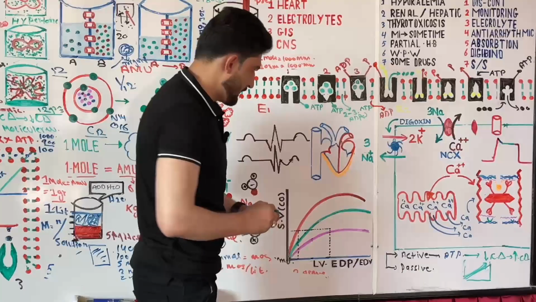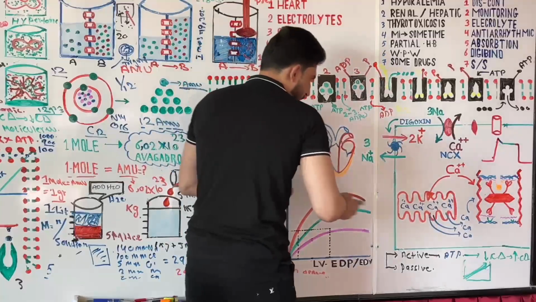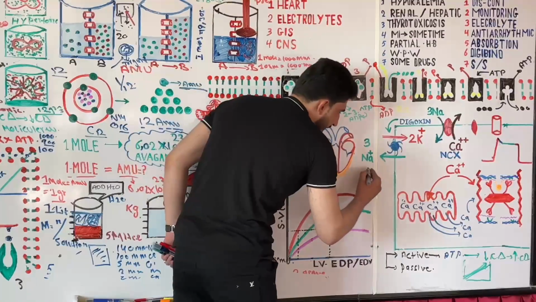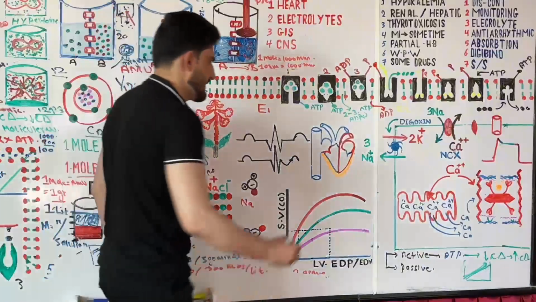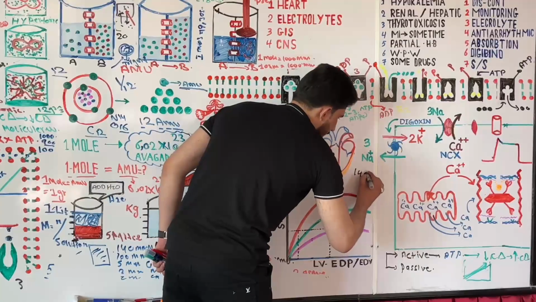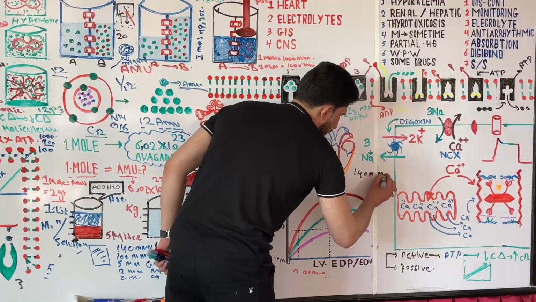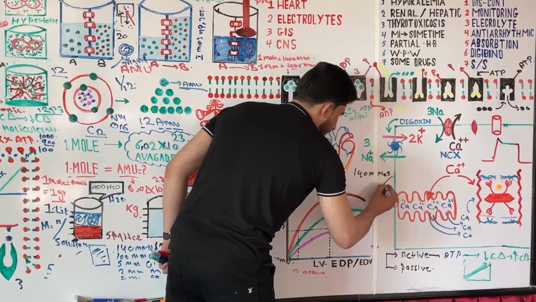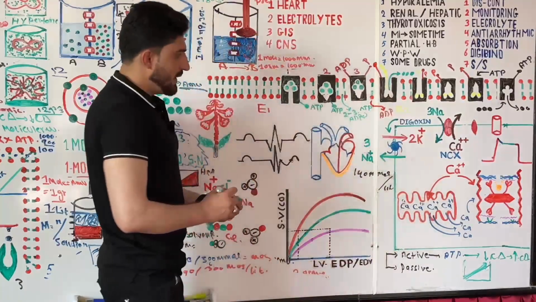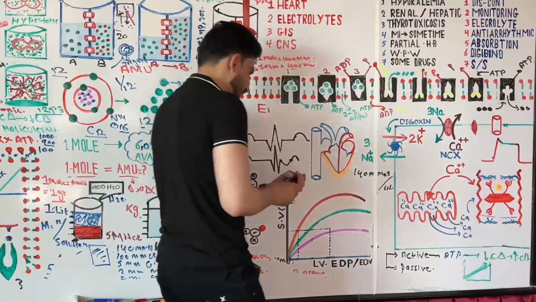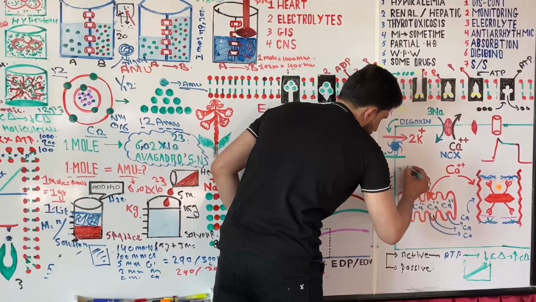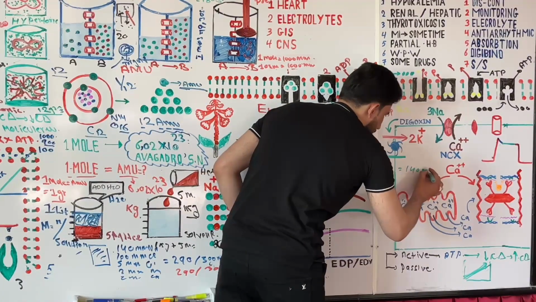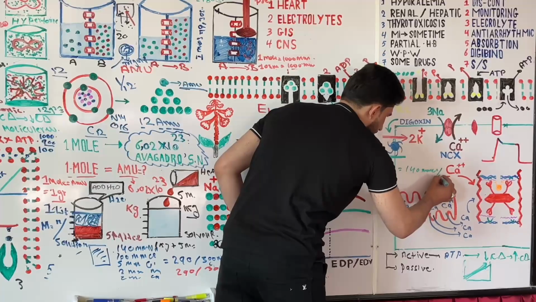For example, as you know from the previous lecture, we have a lot of sodium outside of the cell, about 140 millimoles per liter. And we have more potassium inside of the cell, around 140 millimoles per liter.